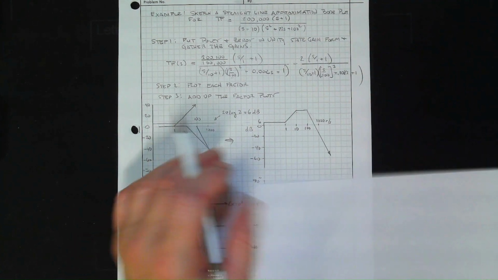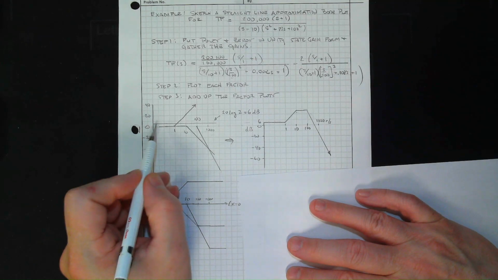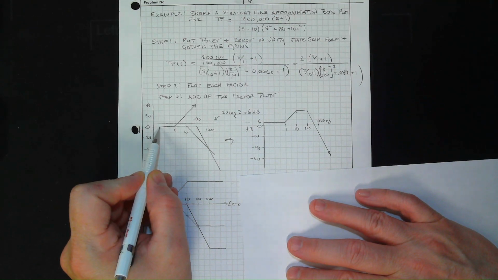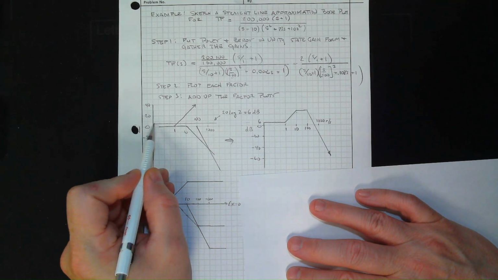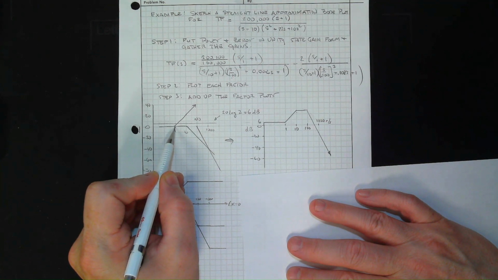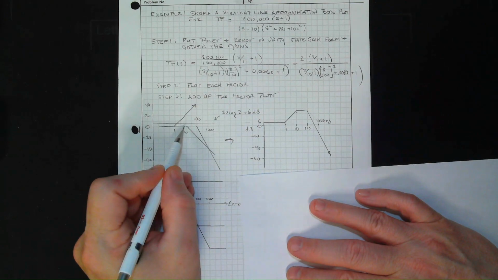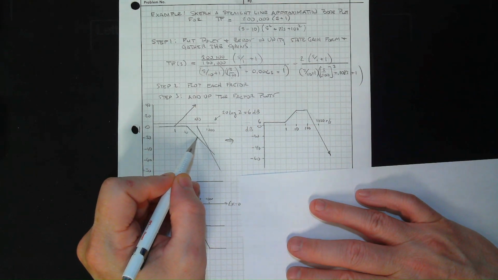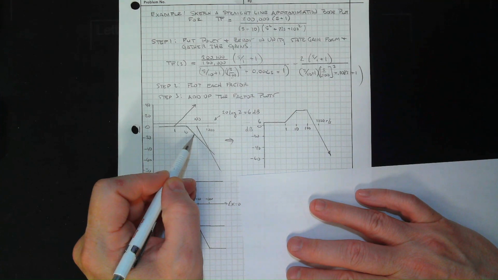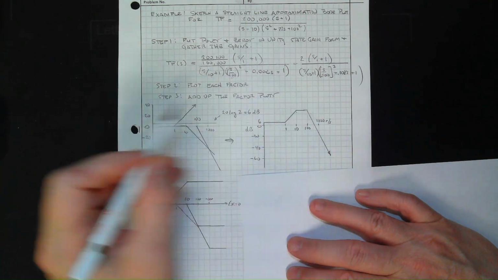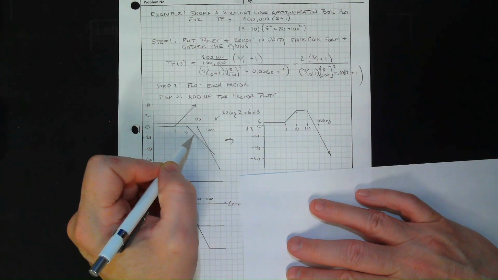Okay, so let's just look at one at a time. So we start here, 0 plus 6 is 6. So 0 dB. When we get to 1, we start going up at 20 dB per decade. But at 10, we start going down at 20 dB per decade. So that's a 20 up, that's a 20 down. That levels off forever. From here on out, this and that cancel.